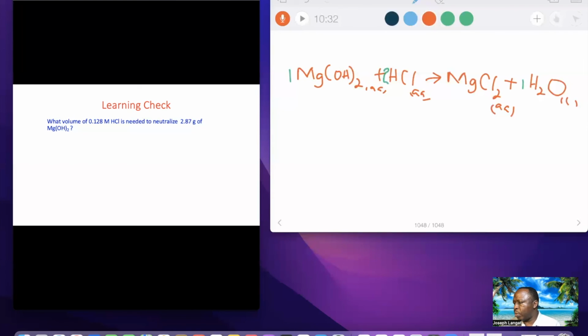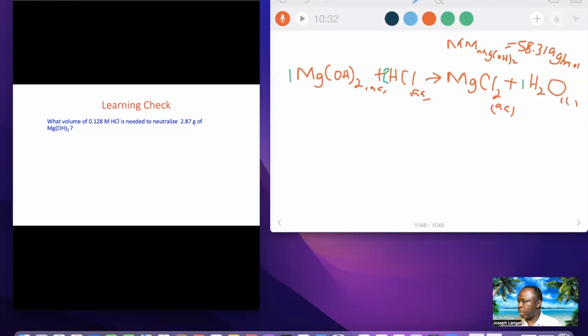So what we know is the mass of magnesium hydroxide, and the molar mass of Mg(OH)2 is 58.319 grams per mole. This is the molar mass of magnesium hydroxide.